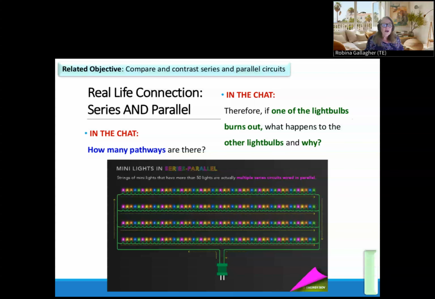Perfect. Okay, now, how many pathways are here? Tell me, count them. Donovan, good job. There are 4 pathways, right? Now, what happens if one of the light bulbs in that top row goes out?